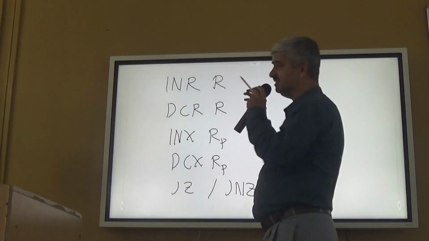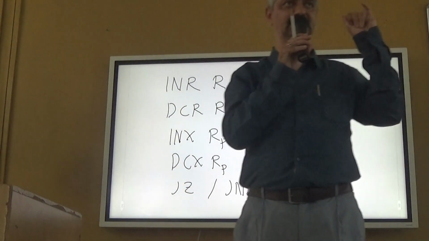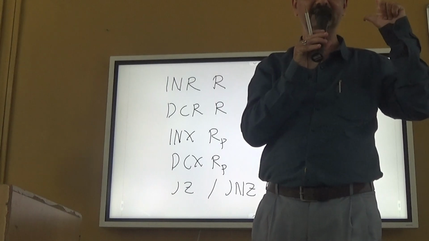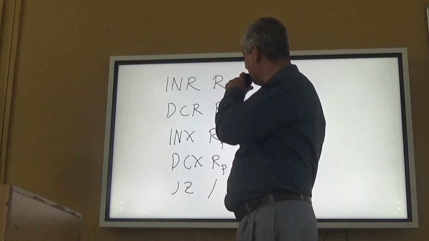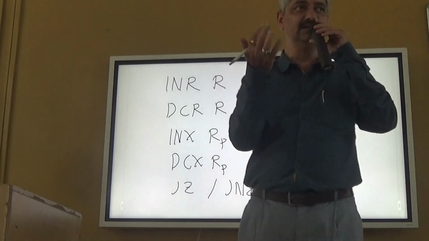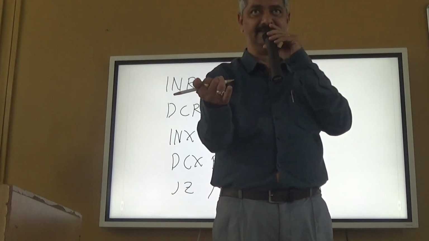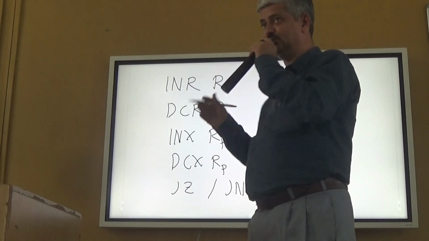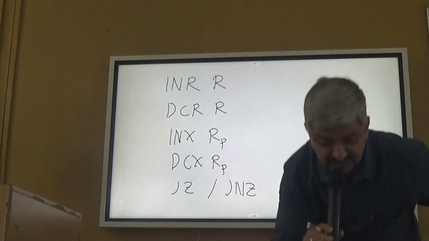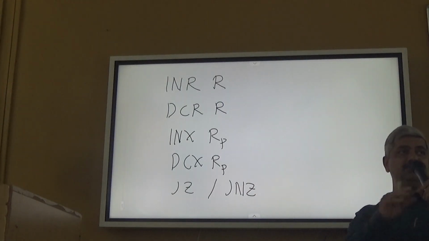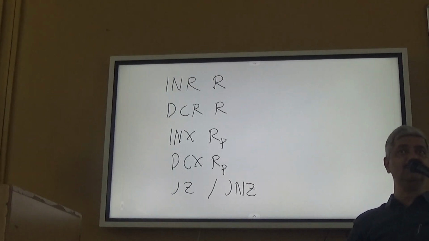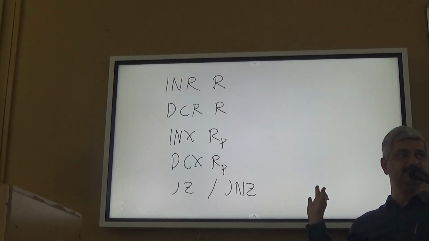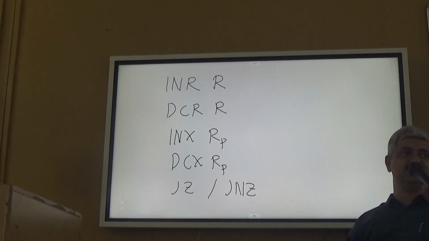Here R means A, B, C, D, E, H, L and M also. Here RP means BC, DE, HL, SP. And jump on 0, jump on no 0. Is it clear? So especially increment is not that required, but decrement is required for loop instructions.